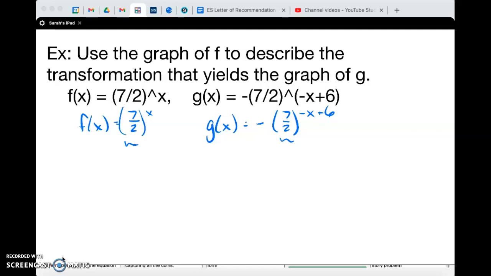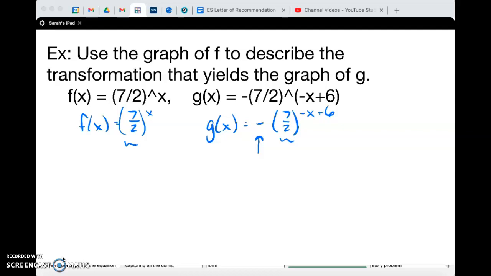I see f of x is positive, g of x is negative. So what is this negative symbol doing? What kind of transformation does that create? Oh, it's going down.